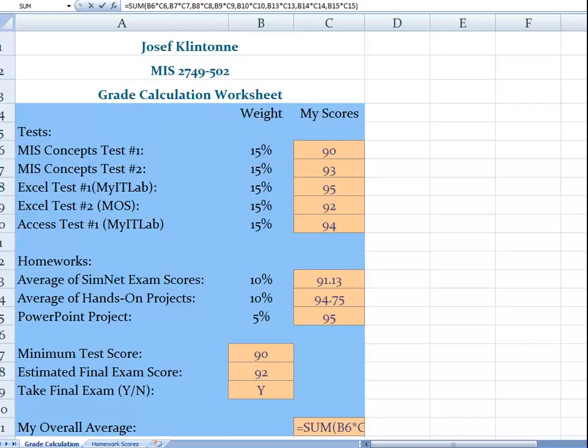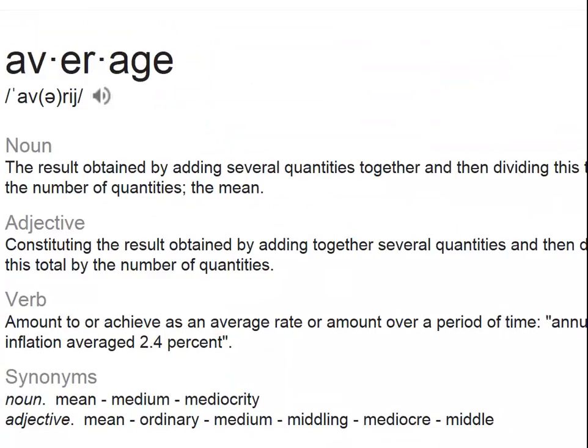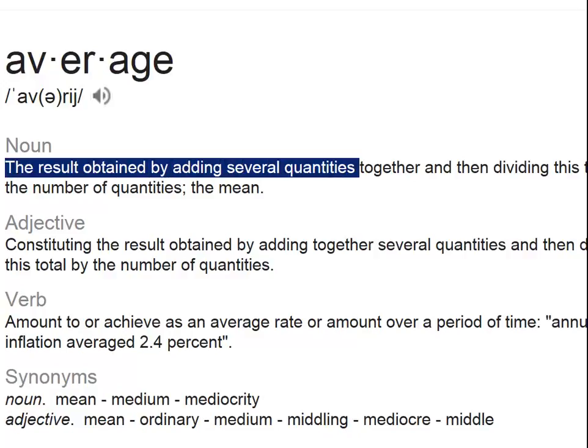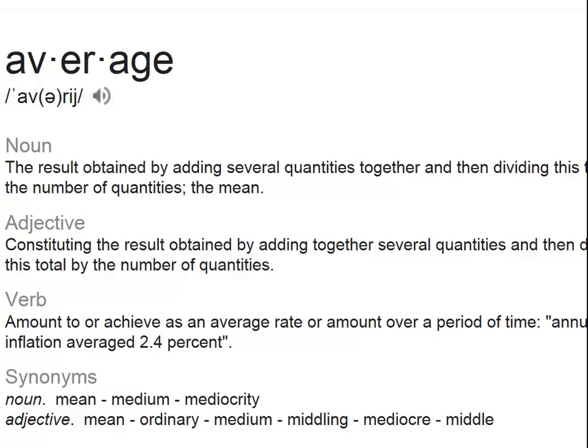So the first thing to review will be to recall what average is as such, and then what a weighted average can mean. The simplest definition from Google: the result obtained by adding several quantities. So we've got to have several quantities to get the average.